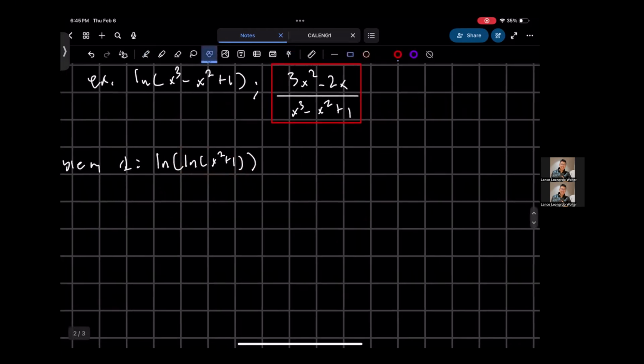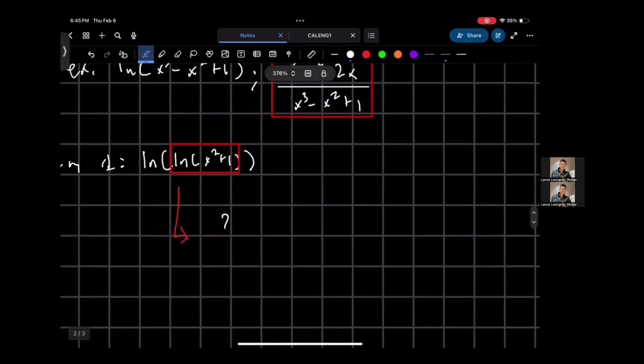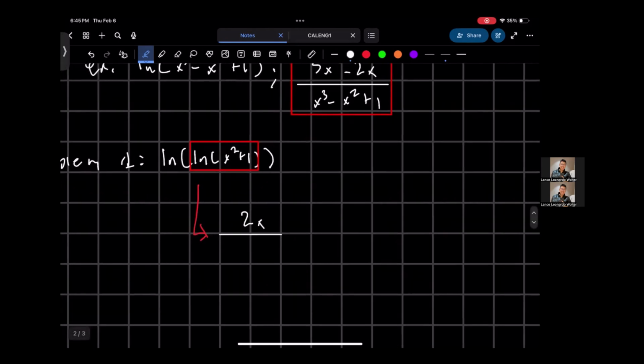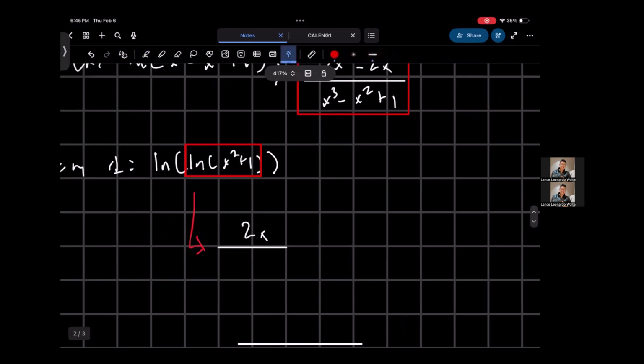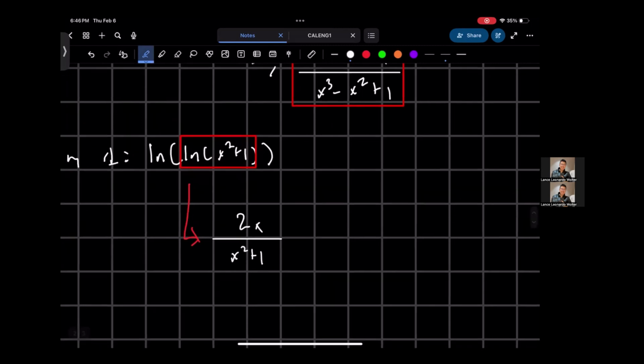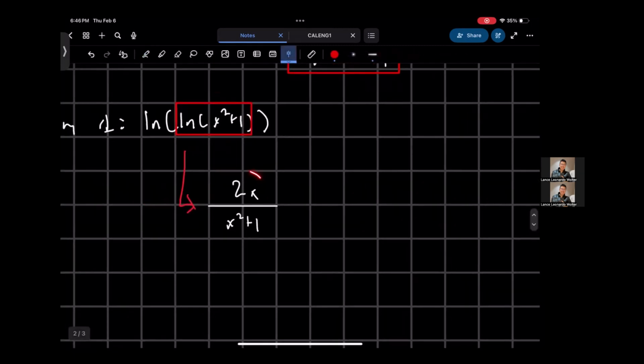But before anything else, let's get the derivative of the inside, like we always do. Well, this is just going to be 2x all over your, so remember, oh, wait, I forgot to mention, if we're going to get the derivative of this, remember it's a derivative of this inside function here all over this one. So what we have here is the derivative of this ln.